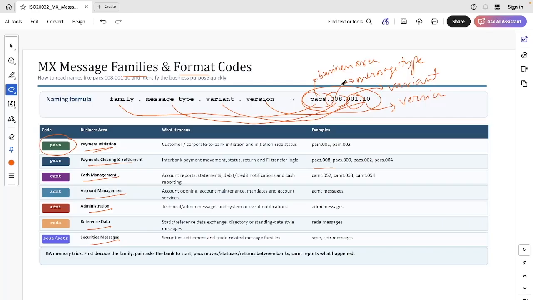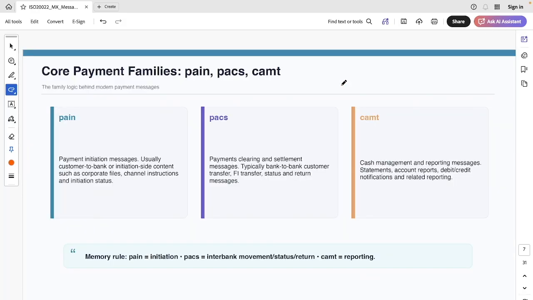Now that we understood the foundation, right, let us introduce the core MX payment families. With this, we enter the practical world of MX messages. So the first thing to understand is that message names are not random. The first four letters usually identify the business family, as we have discussed in the previous slide. Here PAIN stands for your payment initiation.